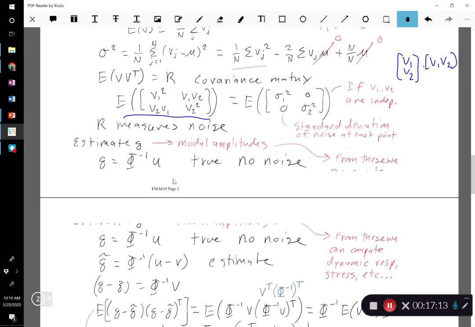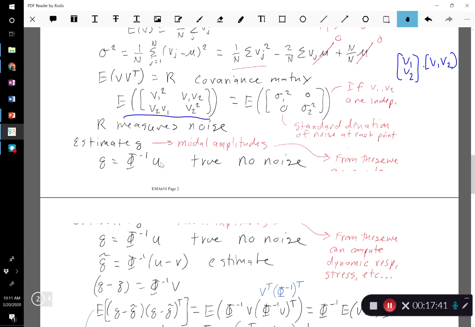And then what about sensor independence? Well, we'll use the same idea we just talked about. Given that U is equal to phi times Q, if we wanted to estimate each of the modes, we would need to invert phi. So we need an invertible matrix or a good condition number. And if we can successfully invert phi, then we can determine U at any point on the structure.